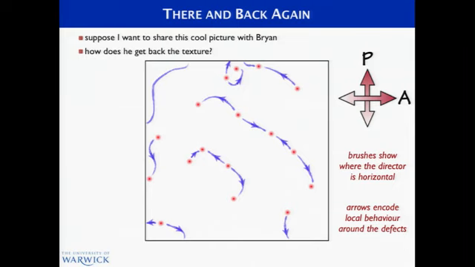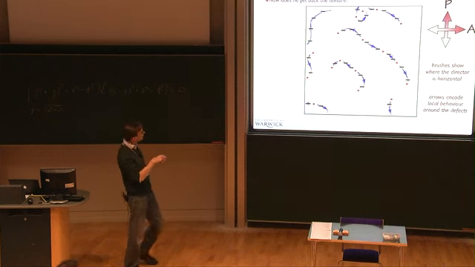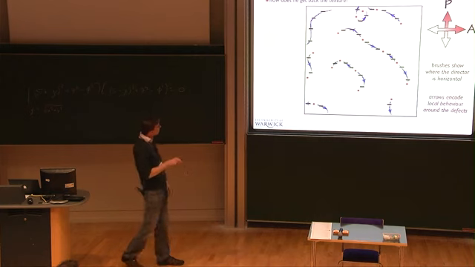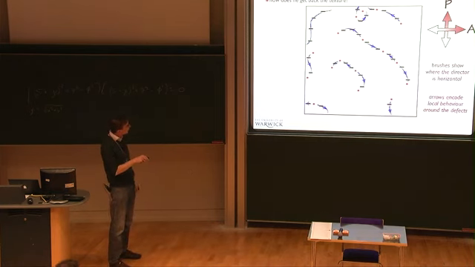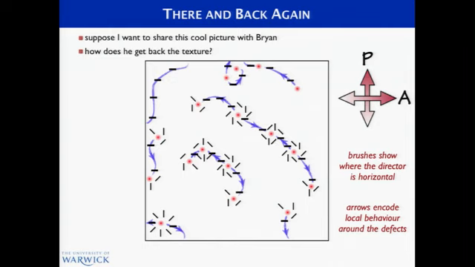You know, for instance, that everywhere along these lines, the orientation is just horizontal, along the analyzer direction. And because you have these arrows telling you the local behavior in the vicinity of each of the lines, locally this is like a -1/2, this is like a +1/2. Then you can also put in local textural information around the brushes and in the vicinity of each of the defects. So you start to build up a reconstruction, at least locally, of what the texture looks like.